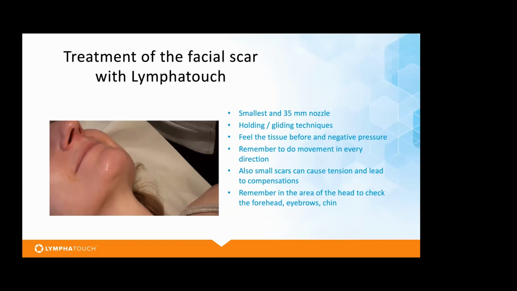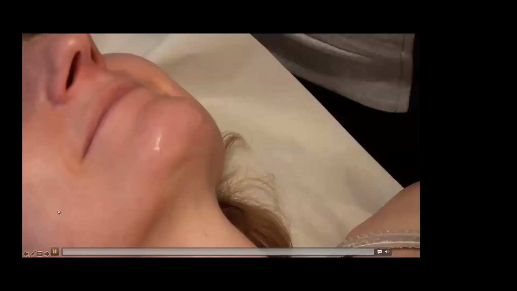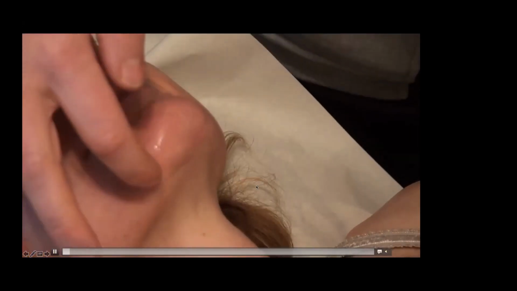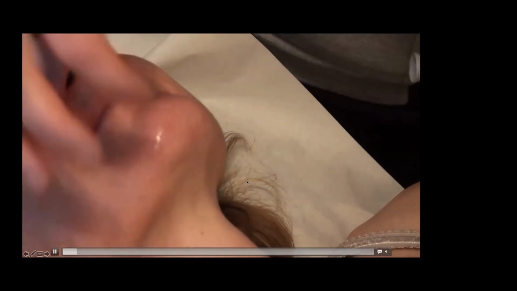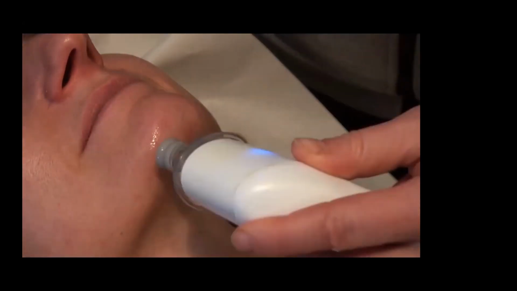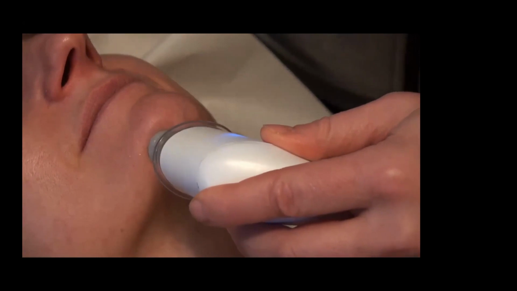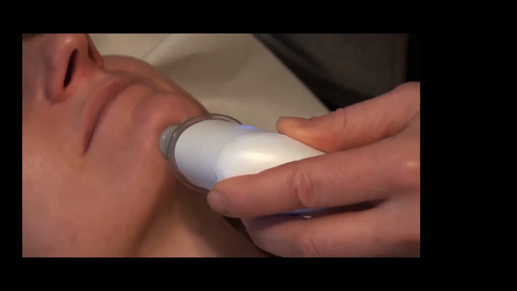So remember to check if the client is saying that, okay, there are head problems. There might be old scars, for example, in the chin area, in the forehead, in the eyebrow area. So it might be that when there was a child, there has been some falling somewhere, and then there might be problems after that.